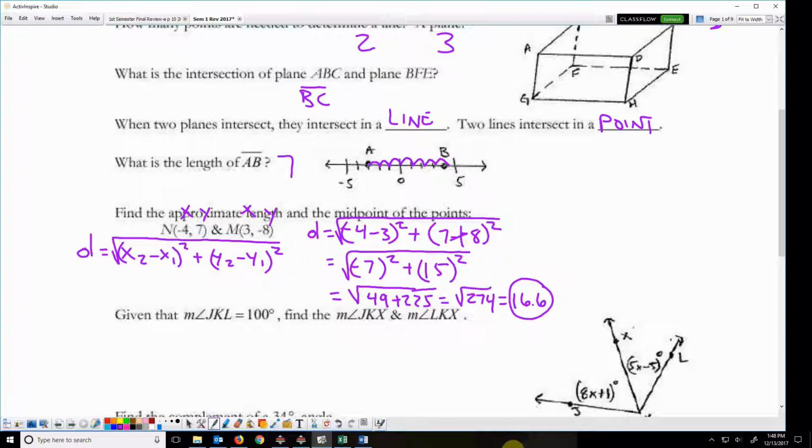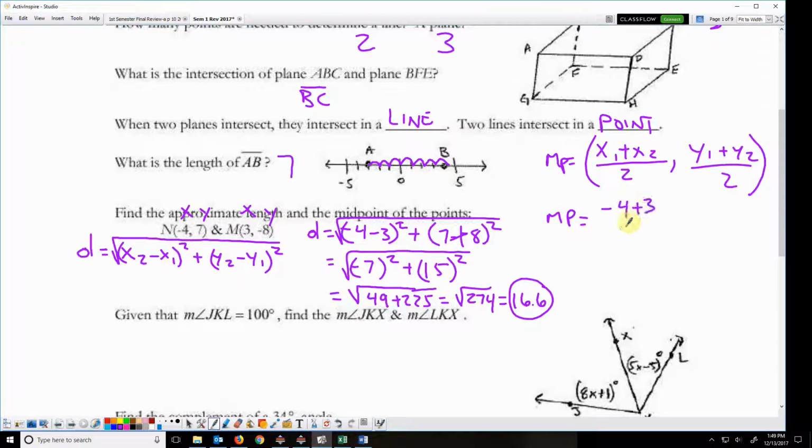It also asks for the midpoint. So the midpoint formula is x1 plus x2 divided by 2, and y1 plus y2 divided by 2. Okay, so the x's are negative 4 and 3.